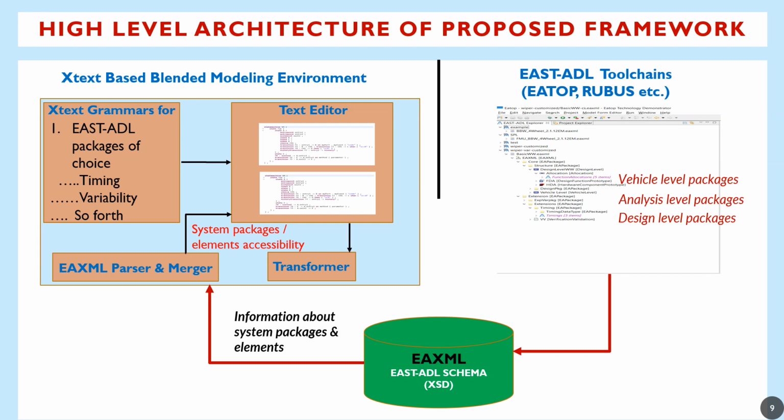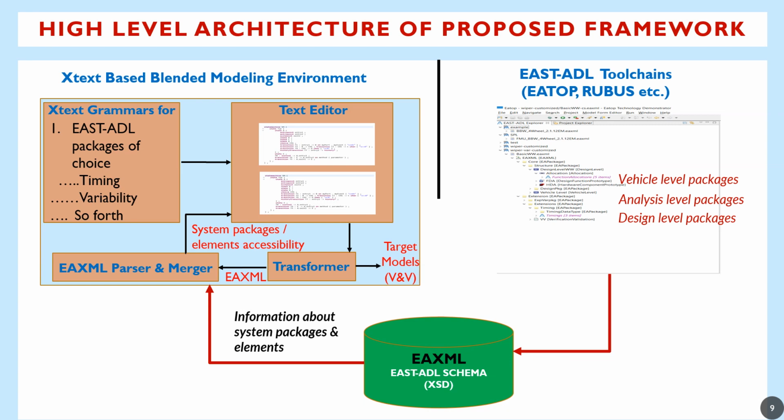Another component is the transformer. It has two purposes. First, it is able to generate the target models to perform the V and V activities. The second purpose of this transformer is to generate the eXML of the instance model that is created in the text editor.